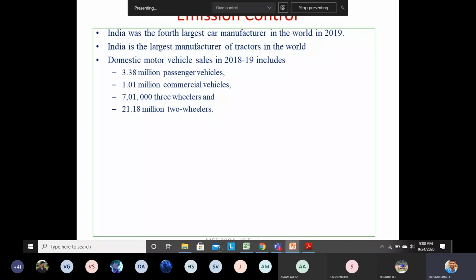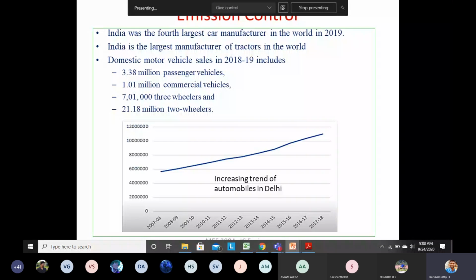When these vehicles operate, they are going to emit a lot of emissions, right? That is the problem, right? Especially in the case of Delhi, where we have a huge amount of air pollution, right? If you compare the statistics of the number of vehicles available on Delhi roads, in 2008, there were only 56 lakh vehicles in Delhi, and in 2018, over a period of 10 years, the number of vehicles plying on the roads of Delhi is 1.0109 crore.